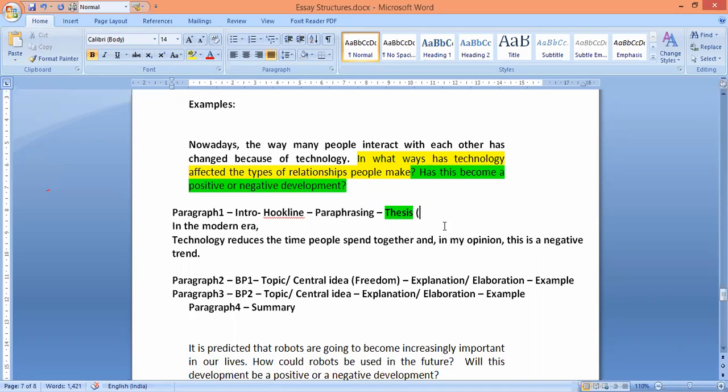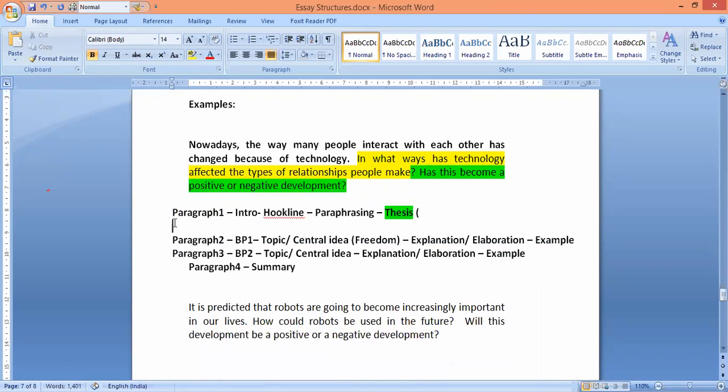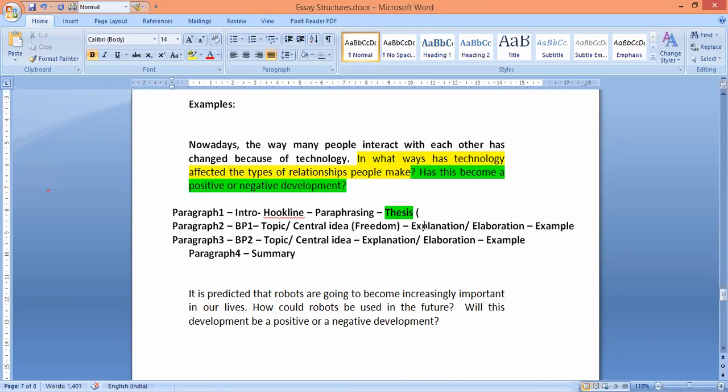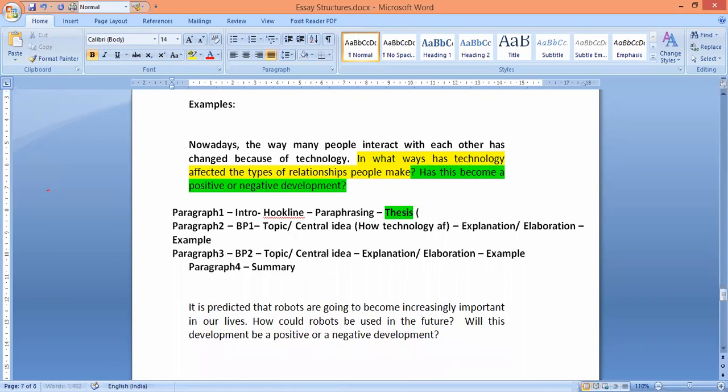Body paragraph 1 would be answering the yellow part.